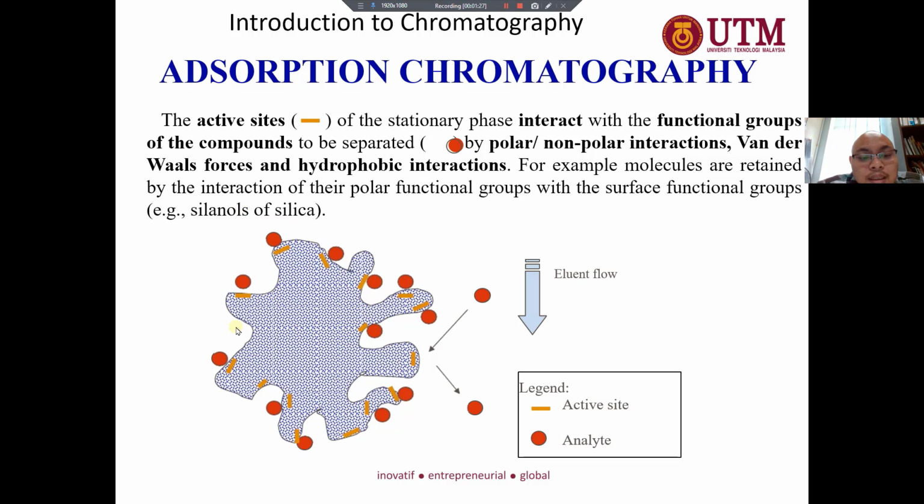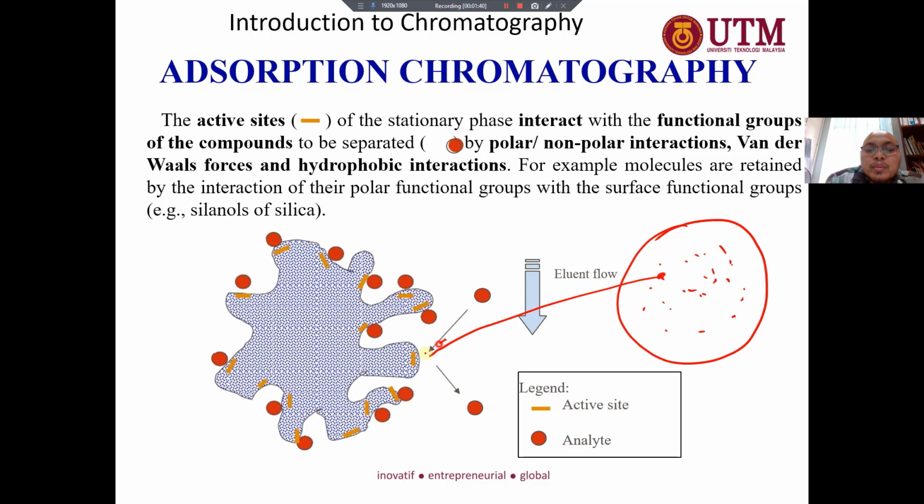Okay, if we imagine the column, we have the solid particle. This solid particle is probably like this. If we use a microscopic technique, we can maybe see the structure appear like this.